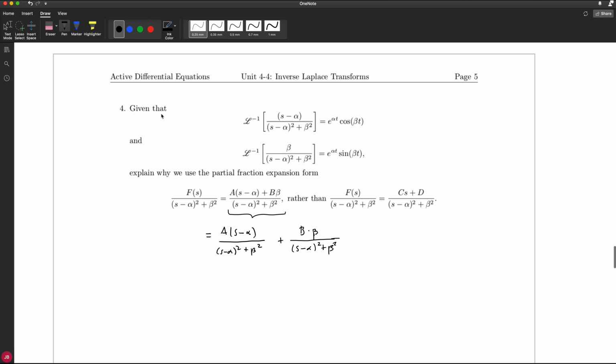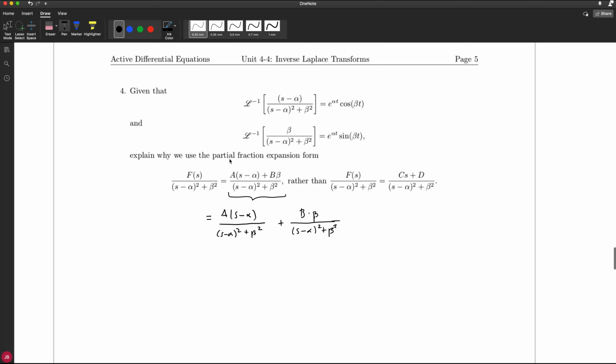So looking here, we see that given that the Laplace inverse of this expression here, like we found 2 pages ago at the end of the last video, remember I said add these to your table? Well, here they are again. Can we explain why it's important to write the numerator in this form as opposed to this form?